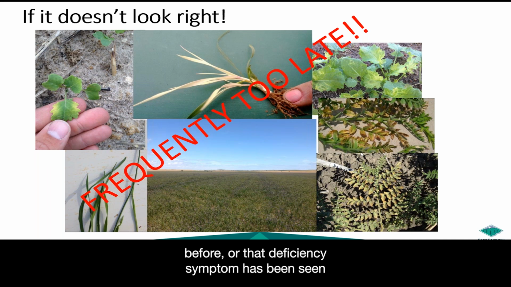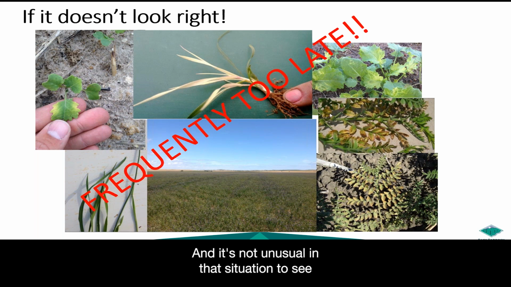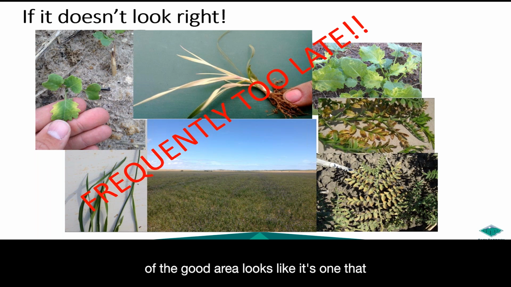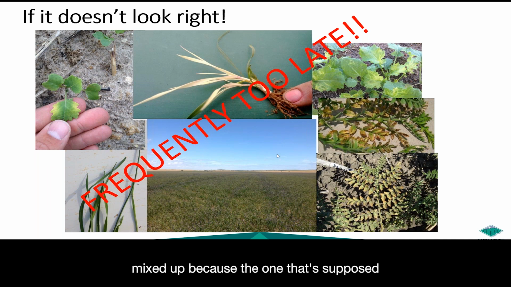or that deficiency symptom has been seen before, it mightn't line up with the plant tissue tests that come back. And it's not unusual in that situation to see someone take one sample out of a good area and a poor area, and the one that comes out of the good area looks like it's the deficient one, and the question is whether the lab got the samples mixed up, because the one that's supposed to be deficient isn't showing that.